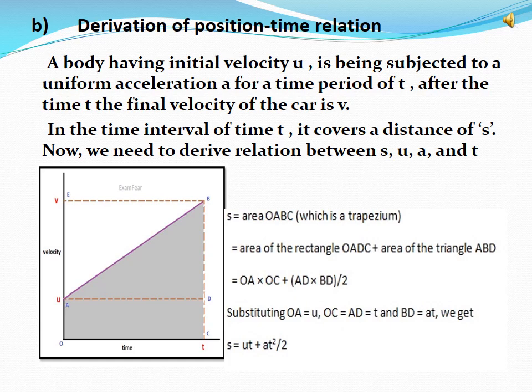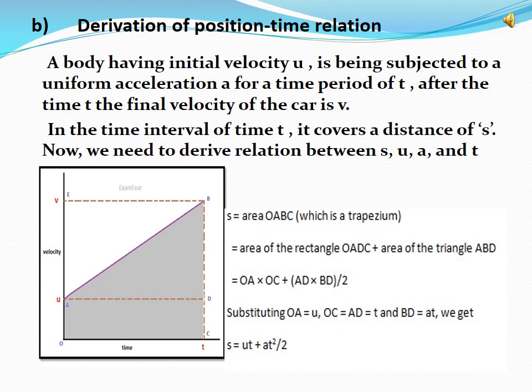of two parts, rectangle and right triangle, which is equal to OA into OC plus 1 by 2 into AD into BD. Substituting the values of OA, BD and OC, we know that OA is equal to u, BD is equal to at and OC is equal to AD is equal to t.